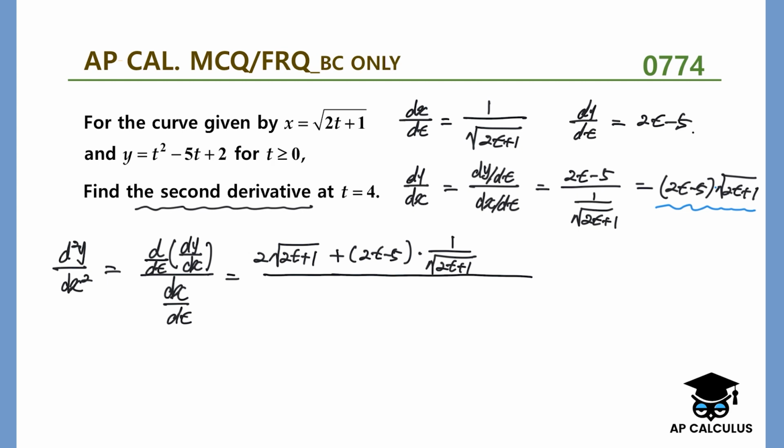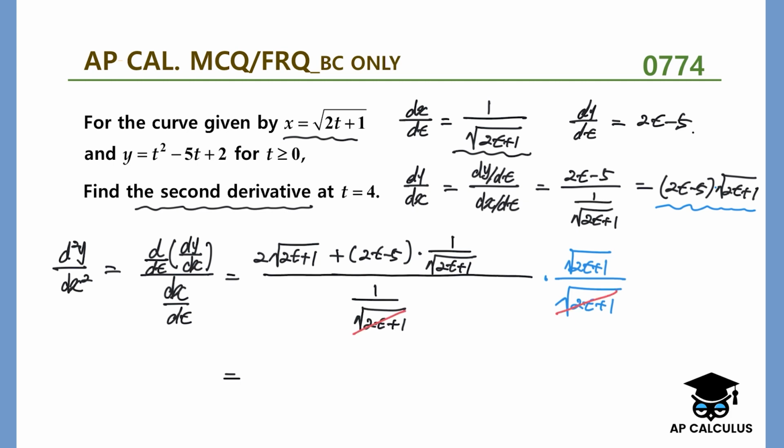dx/dt, that's just the derivative of x. It's right over here, right? 1 over square root of 2t plus 1. Now, let's simplify this expression by multiplying by square root of 2t plus 1 in the numerator and also in the denominator. Then the denominator is equal to 1, right? This cancels out.